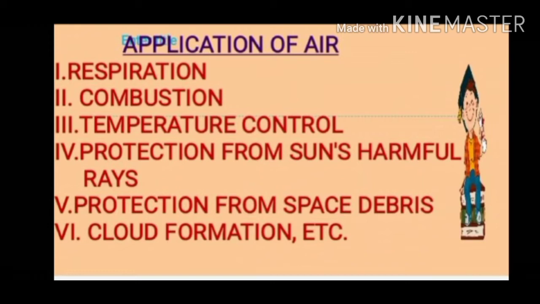The air and the atmosphere also form a protective layer around the planet and protect us from the UV rays of the sun, thus cooling the earth down in the process.